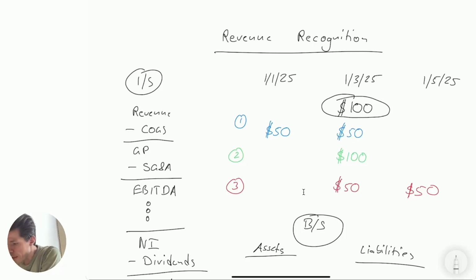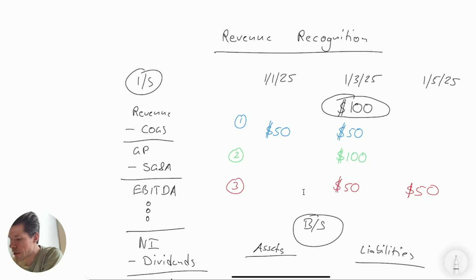So let's do 3 scenarios. Scenario 1 is the customer who receives the product in March, pays $50 already beginning of January and will pay the remaining one when the product is received.